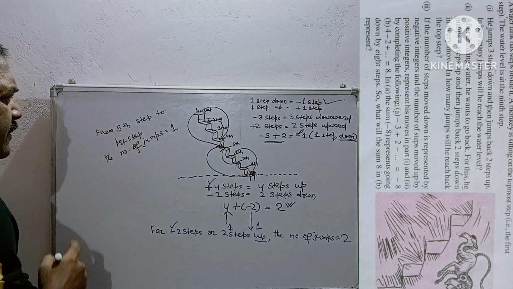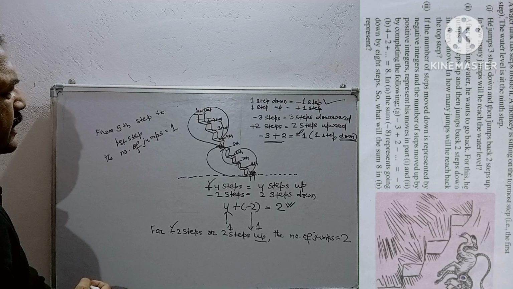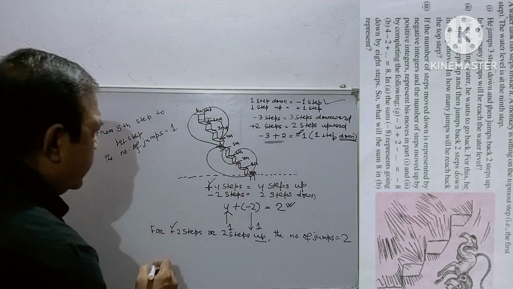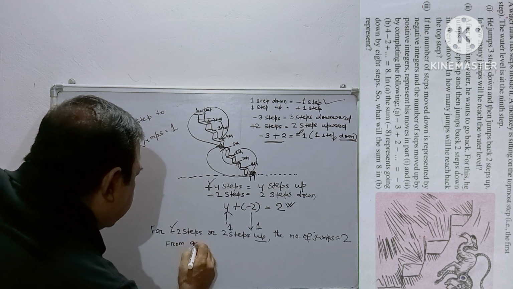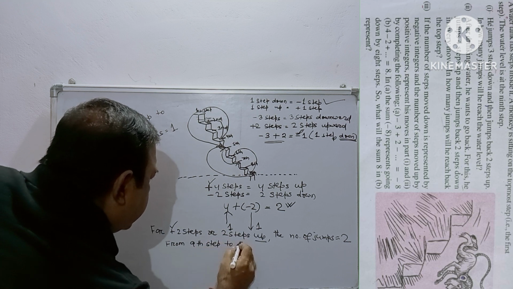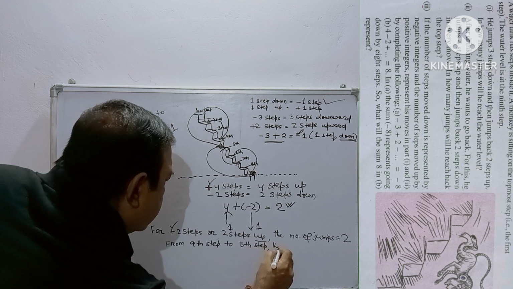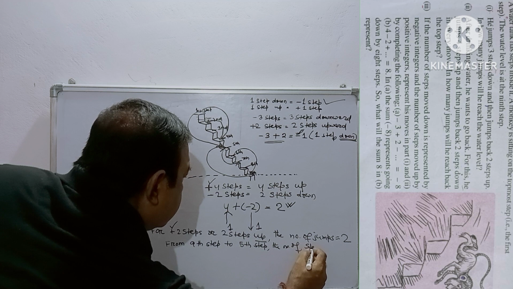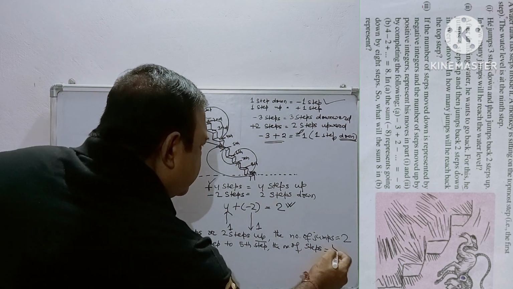So we will now see from the 9th step to the 5th step how many jumps he has made. So you see, from the 9th step to the 5th step, the number of steps is equal to 4.